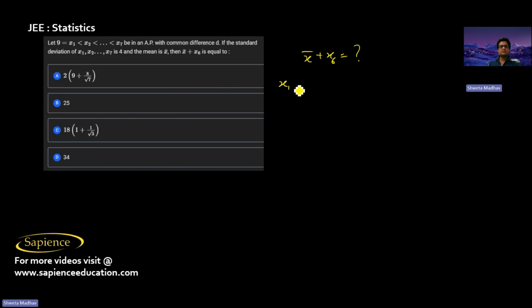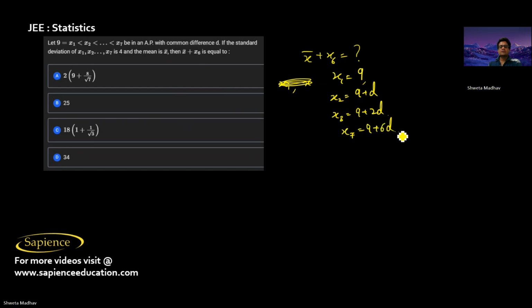Now x1 is the first term, which is equal to 9. And x2 will be obviously 9 plus d, and x3 will be 9 plus 2d, like that. So x7 will be 9 plus 6d, and x6 will be 9 plus 5d, since a, the first term, is 9 and d is the common difference of the AP.